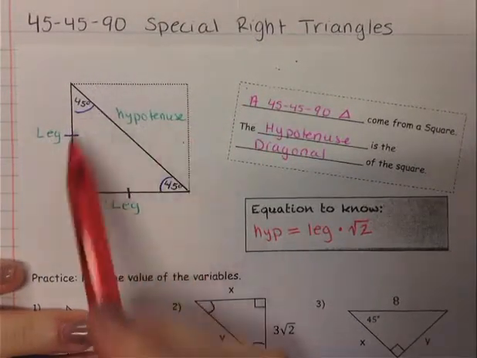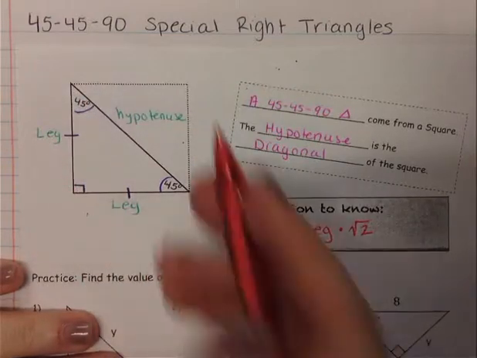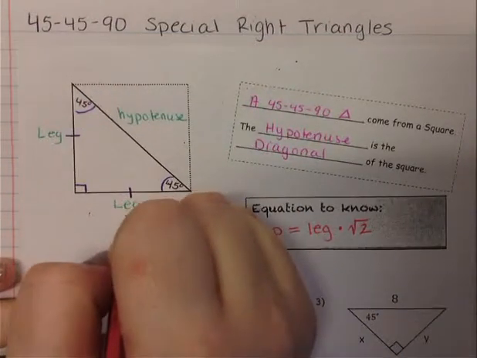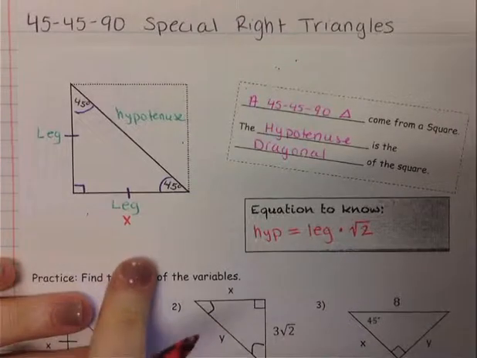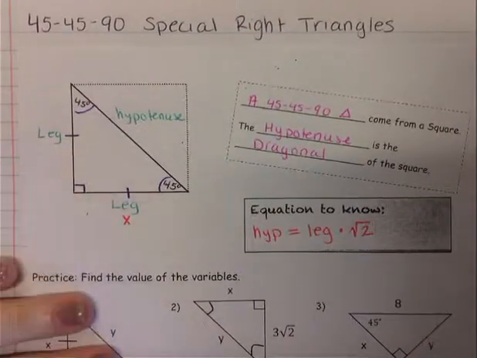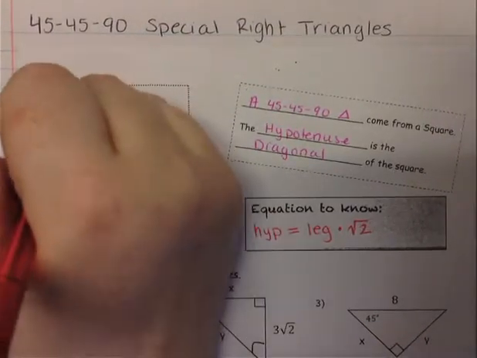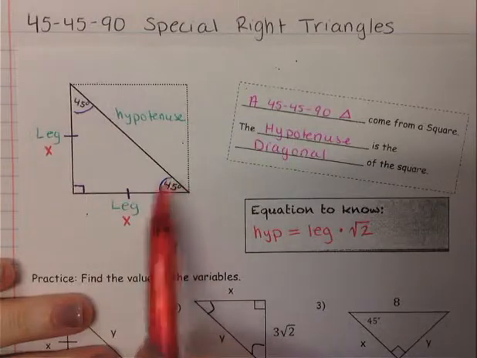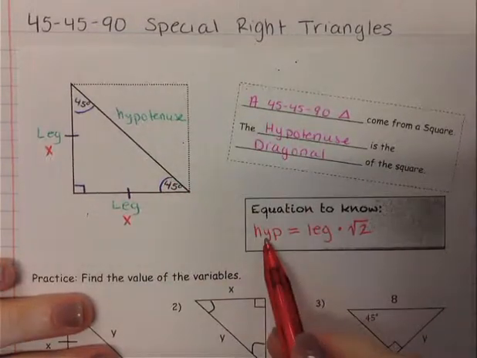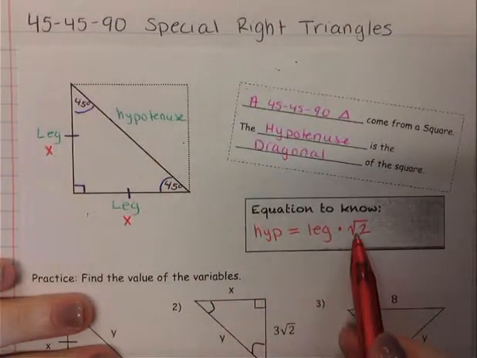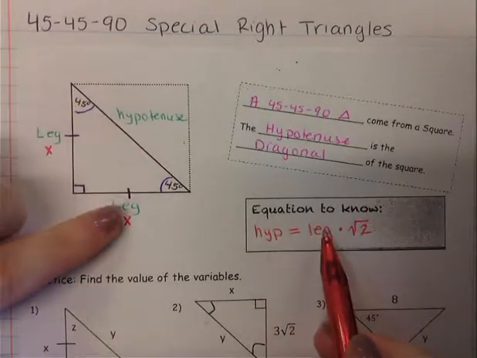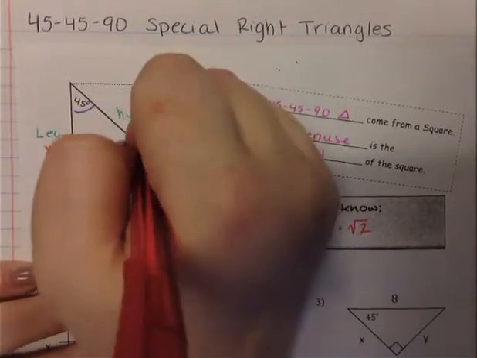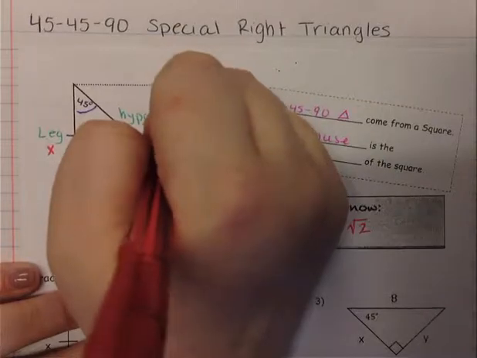So if I say this leg is x, then this leg is also x, because they are congruent to each other. Therefore, the hypotenuse is equal to x times the square root of 2. So this would be x square root of 2.